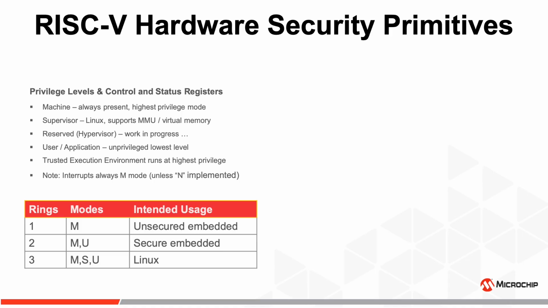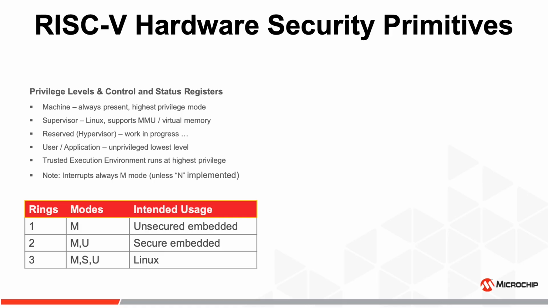And then there is the user or application level. This is typically used by Linux user land in a Linux situation, but very interestingly, it can be combined with the machine mode, which opens up a very interesting deployment scenario, which is a secure embedded system that doesn't have an MMU, that doesn't run into all the issues of Linux, but at the same time is as secure, if not more secure, than the traditional approach. And when I say more secure, I mean less attack surface. And so here are the 3 rings or 3 privilege modes.